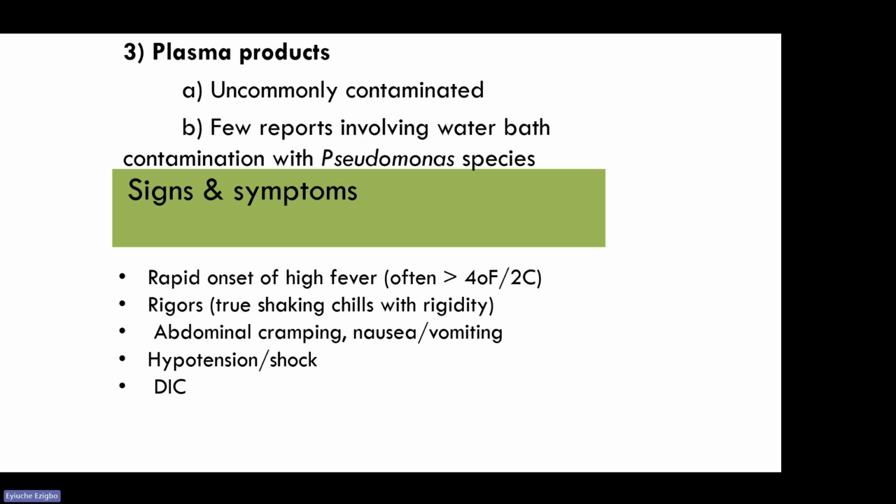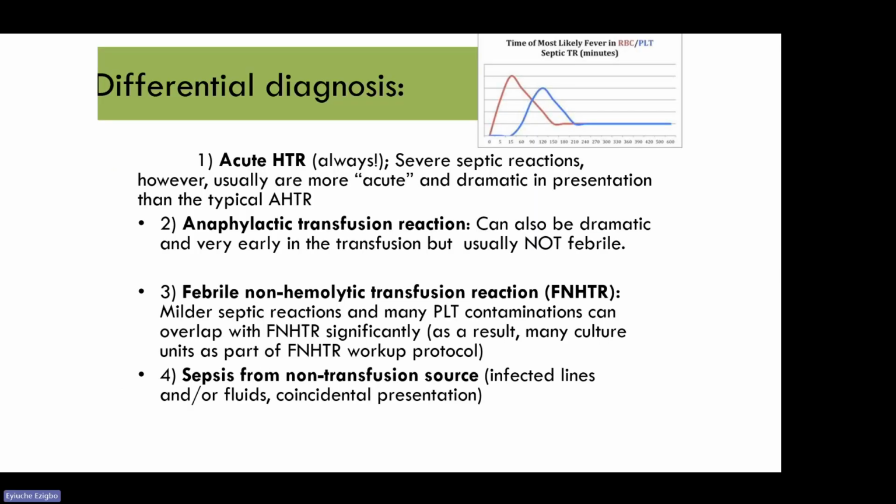So the clinical presentation for bacterial contamination of blood products is quite dramatic. We also have some differential diagnoses, trying to differentiate blood contamination with bacterial sepsis from acute hemolytic transfusion reaction, from anaphylactic transfusion reaction.